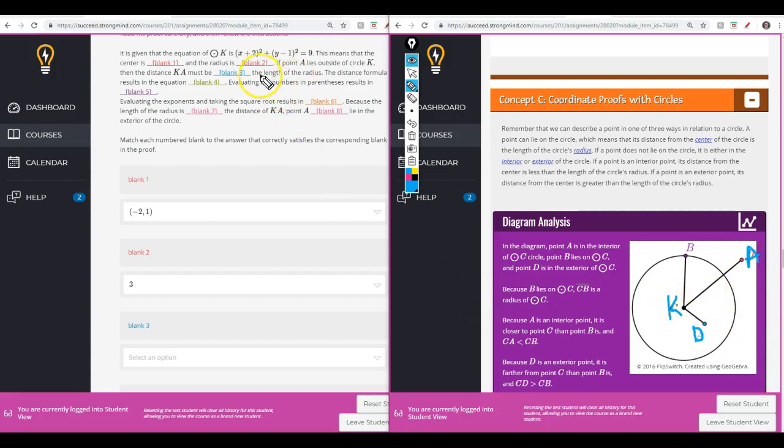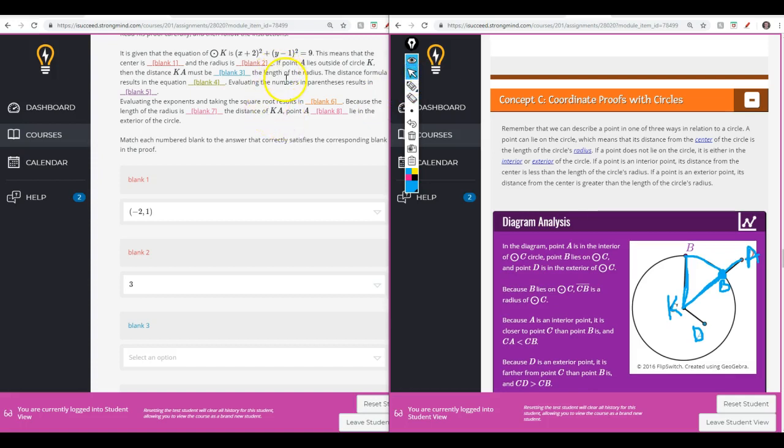So what this is saying is, if point A lies outside of circle K, then the distance of KA must be blank the length of the radius. So notice here the length of the radius is right here, and the length of KA is right here. If that radius came right here, point B was actually right here, we know that the length is shorter than the length of KA, since point A is outside of the circle.